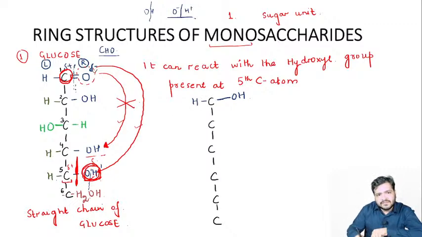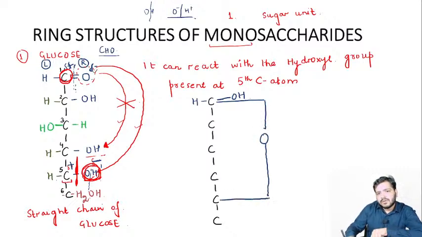Due to the charge difference, this is minus, this is plus, so this carbon will attract this OH over here. And this oxygen will combine with the first and the fifth carbon.